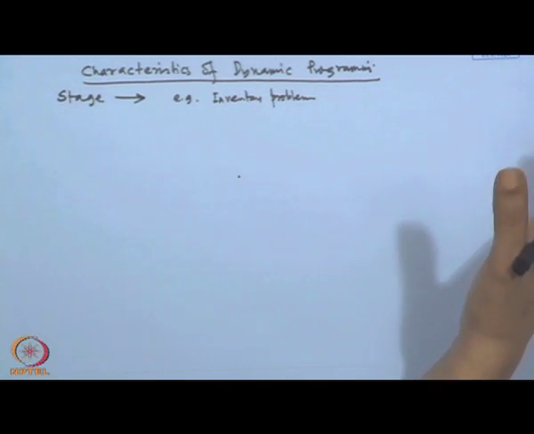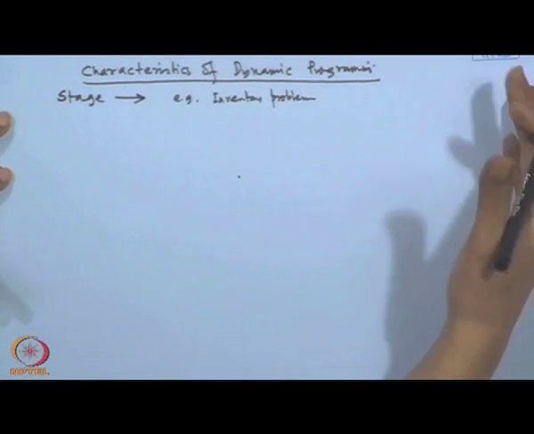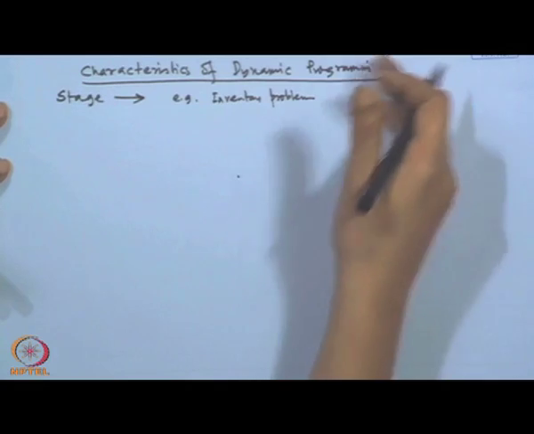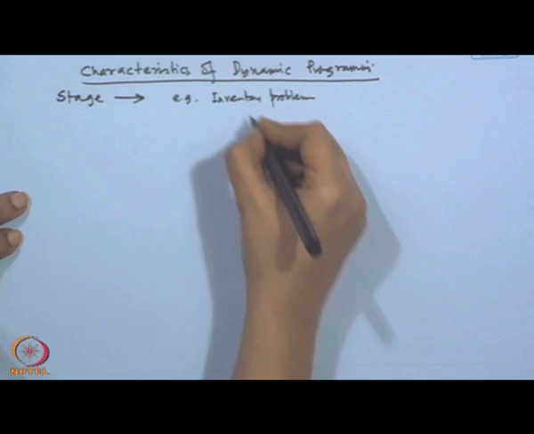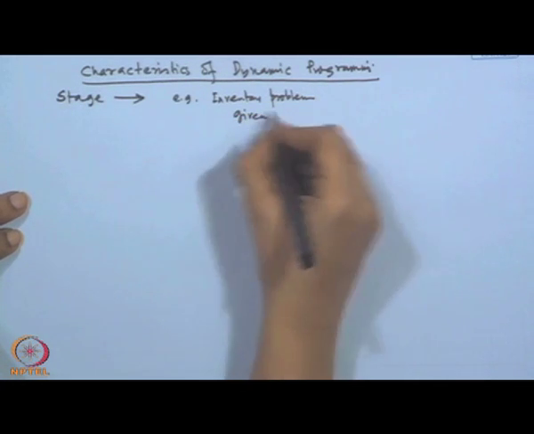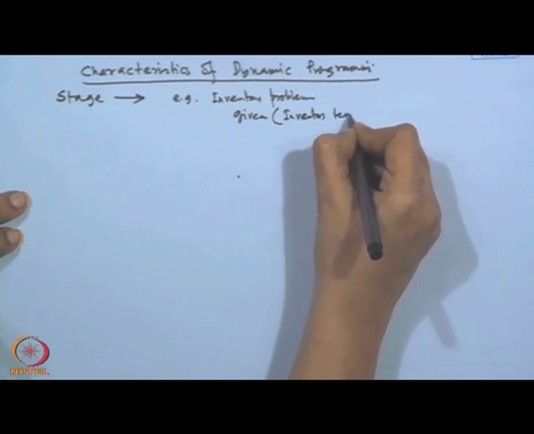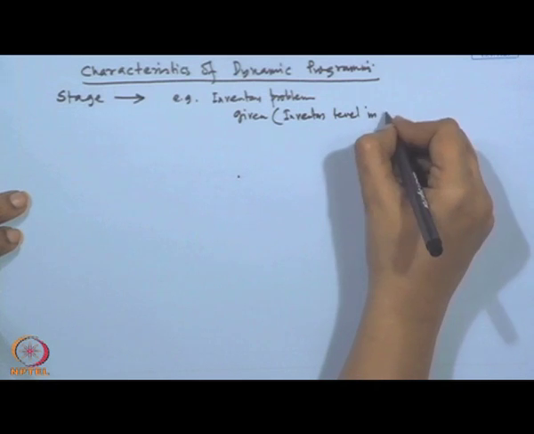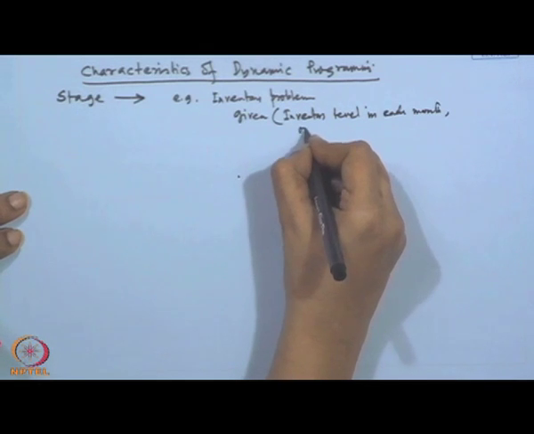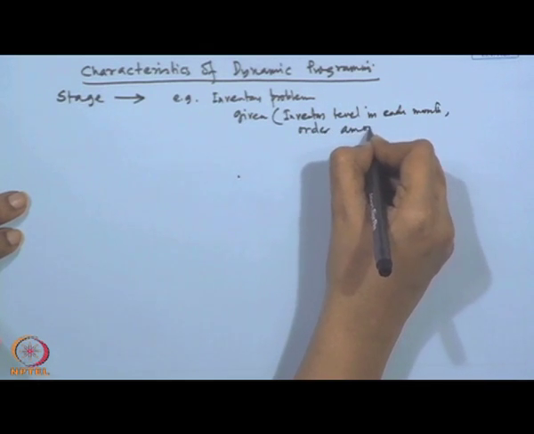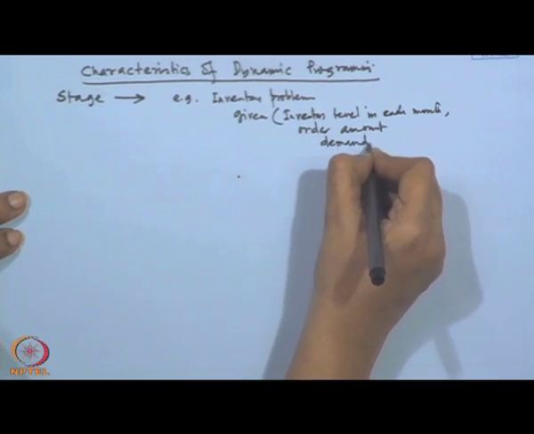We have a data set, and from experience we want to decide in which month how much to order. For that we need a few pieces of information. It is given the inventory level in each month, we have the order amount in each month, and not only that, we have the demand rate as well in each month.